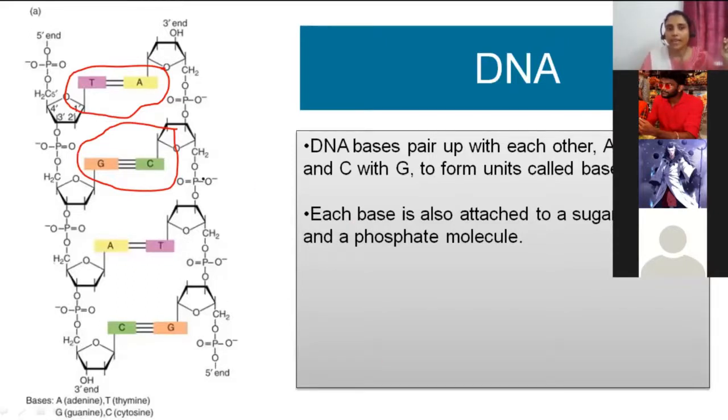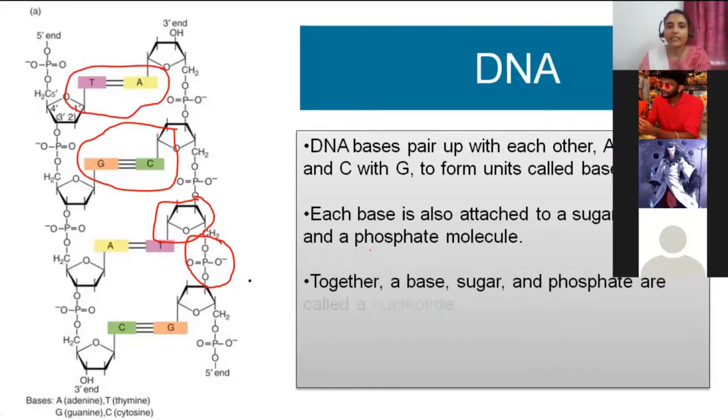Now, these bases are also attached to a sugar molecule. This is a 5-carbon sugar molecule: 1, 2, 3, 4, and 5. And also a phosphate group. This is the phosphate molecule. Together, this base, sugar, and phosphate is called a nucleotide.